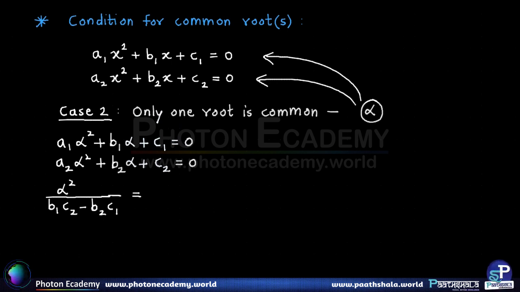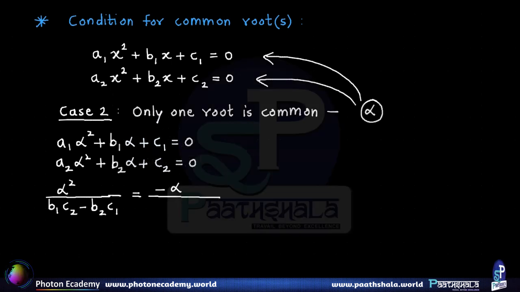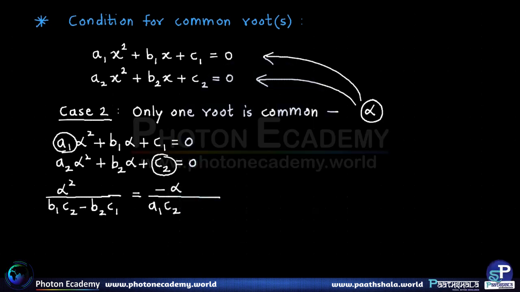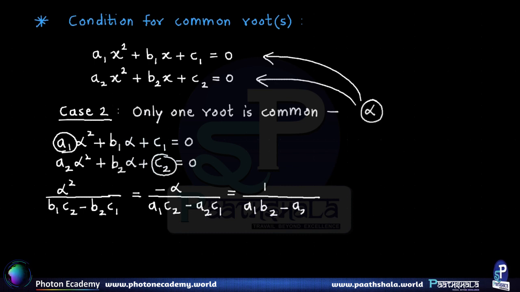This is equal to minus of alpha upon the similar cross product, that is a1 c2 minus a2 c1, which is further equal to, considering the constant term now, 1 upon a1 b2 minus a2 b1, the remaining cross product.